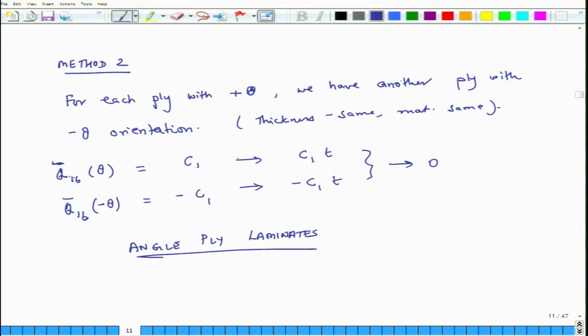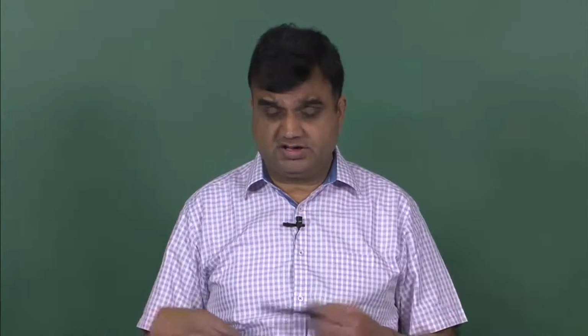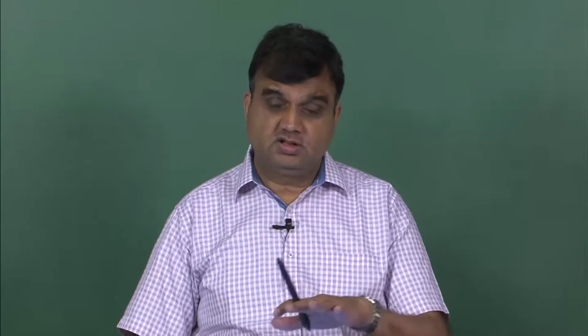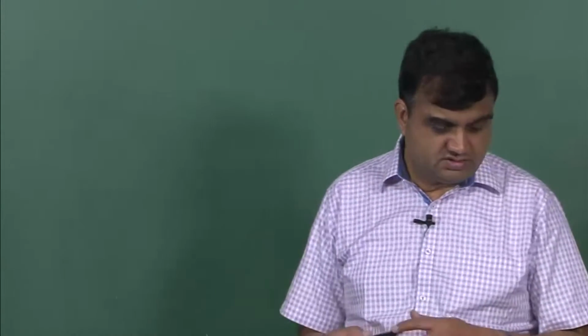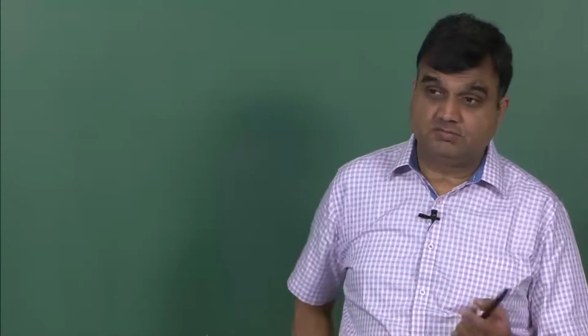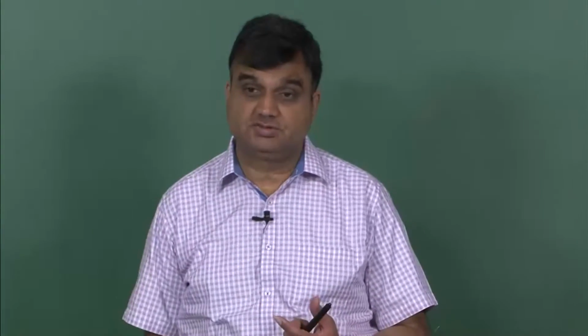So, for every 30 degree ply, there will be another ply. It may or may not be symmetrically placed, it does not matter, but there will be another ply at an orientation of minus 30, and that will ensure that the overall value of A16 and A26 is 0. So, there are two methods through which we can ensure A16 and A26 to be 0.